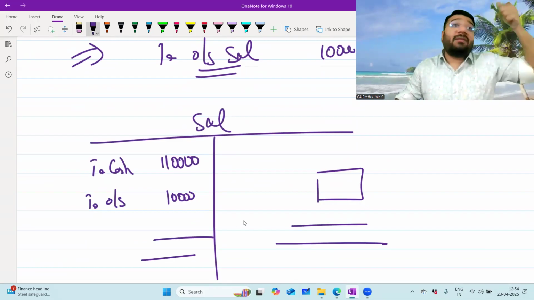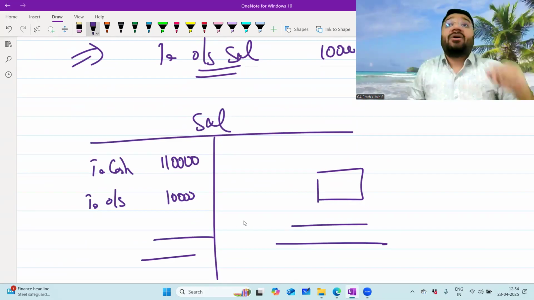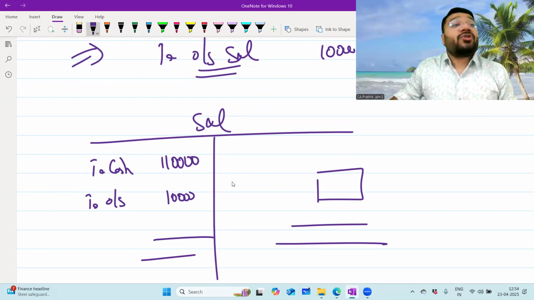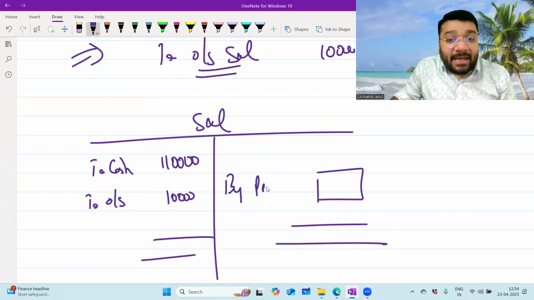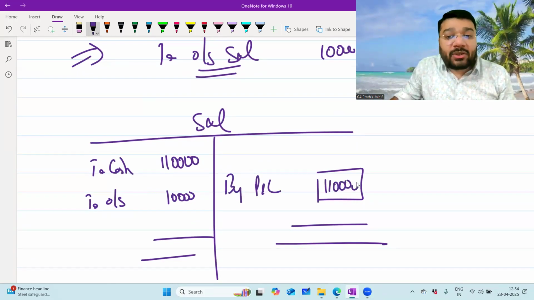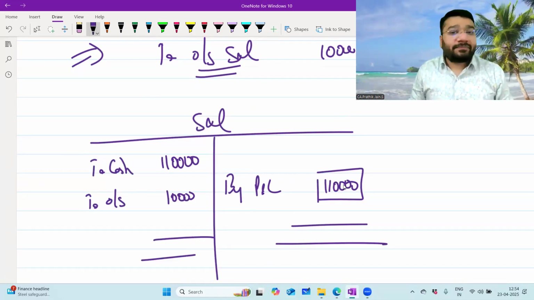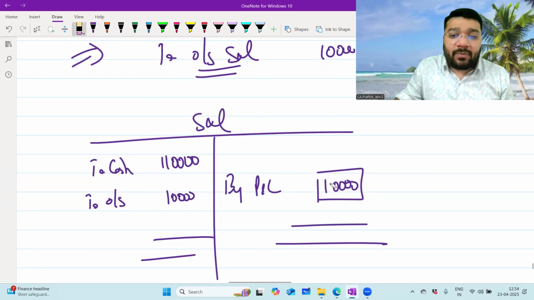All the nominal accounts having a balance carried down, you will close by passing a closing entry. So what is the closing entry? P&L account debit to salary. So in salary account, by P&L, 1,20,000. Sorry, not 110, 120.